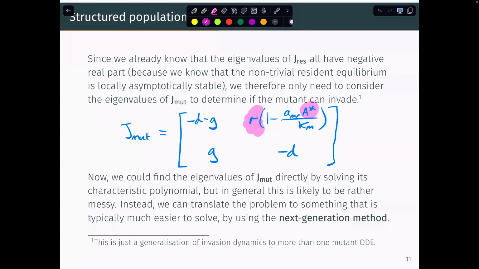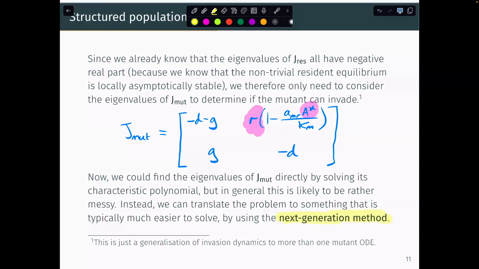So one thing we can do is translate this problem using something called the next generation method. This next generation method is still an eigenvalue problem, but we shift it in a way that uses some biologically relevant assumptions about how we're going to decompose this matrix.